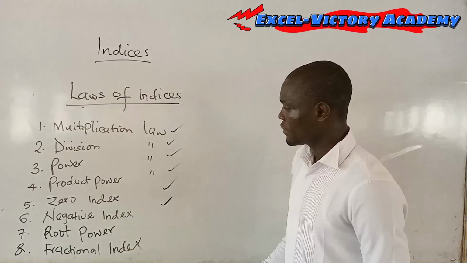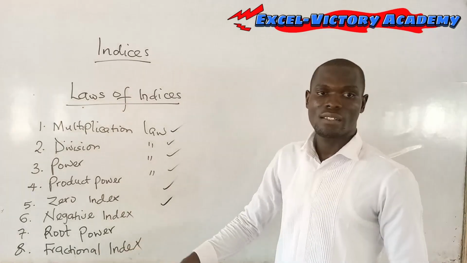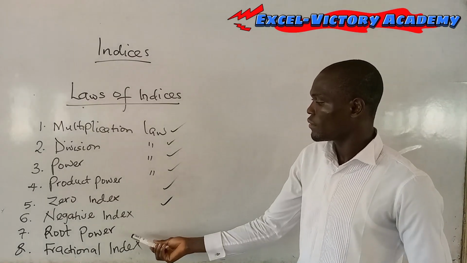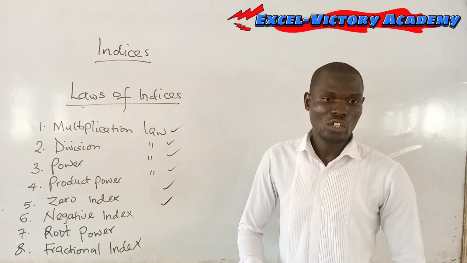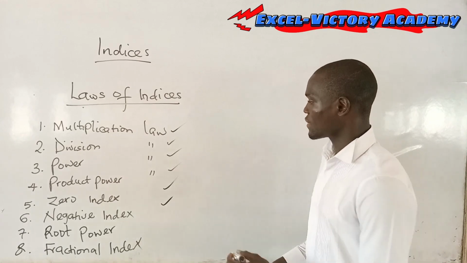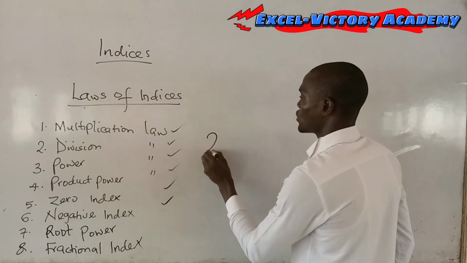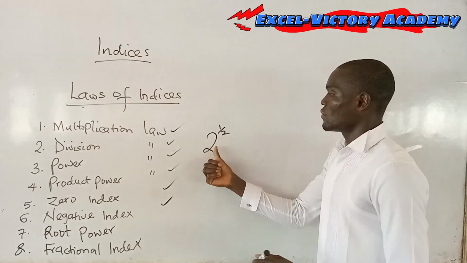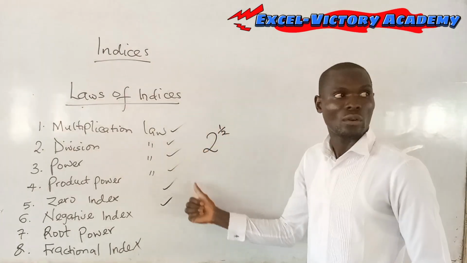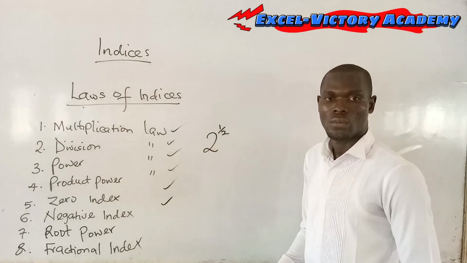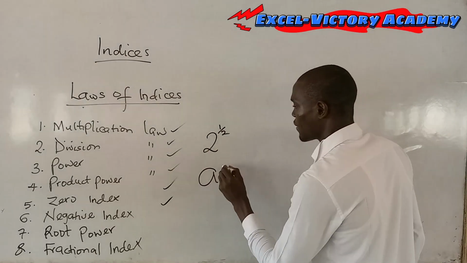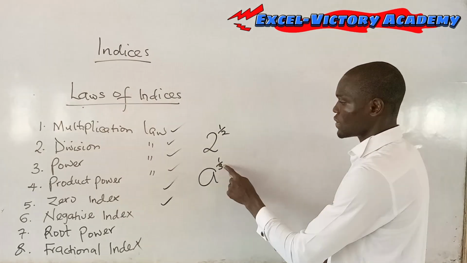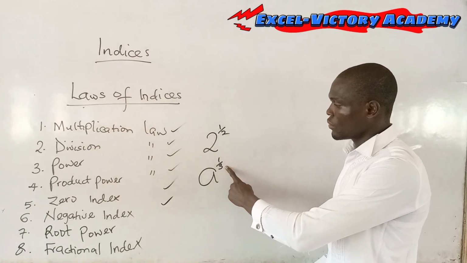Now, root power. Basically, this involves showing the indices for different roots. For instance, if a particular number is raised to half, the law states that you should take the square root of it. If it is a raised to the power of 1/3, we have to take the cube root of a.